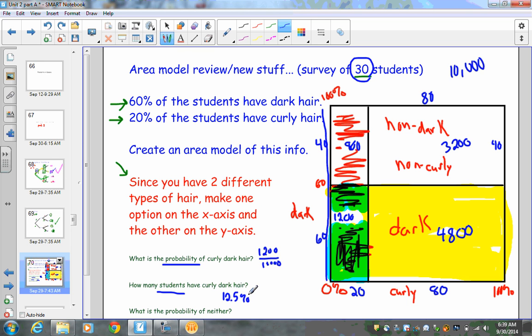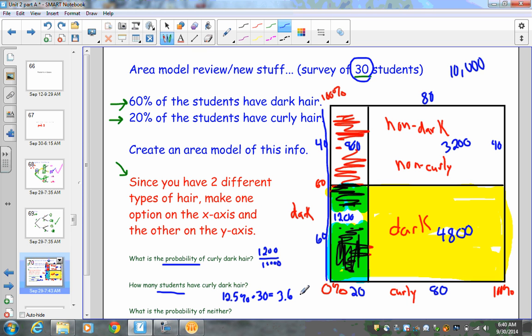Okay, and if we're trying to figure out how many students have curly dark hair, we're going to take this 12.5% and multiply it by the total number of students, which is 30, which gives me a grand total of, I believe, 3.6 students. I don't have my calculator available.